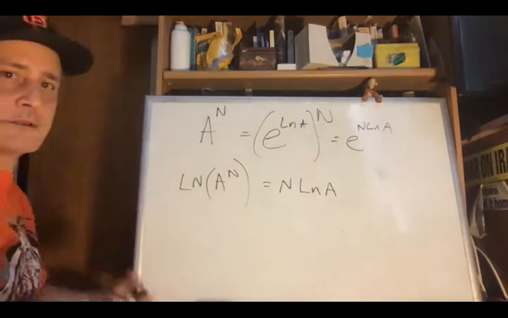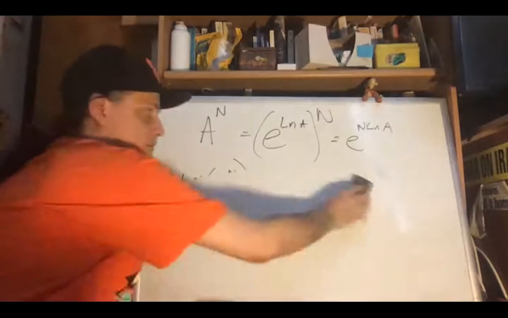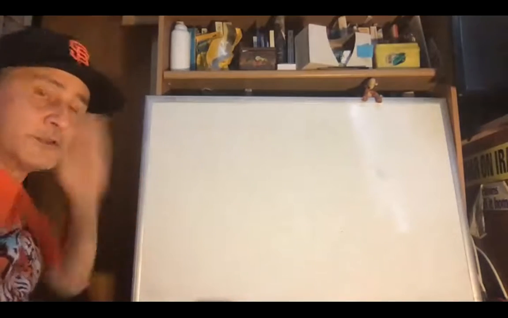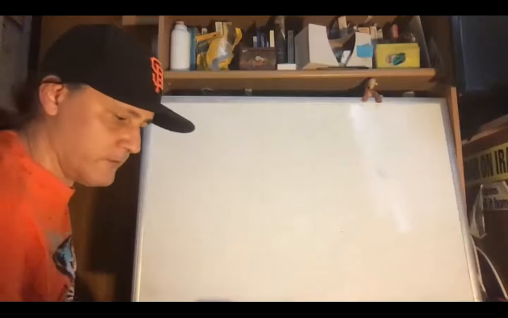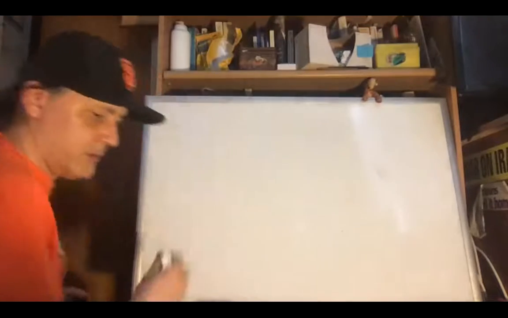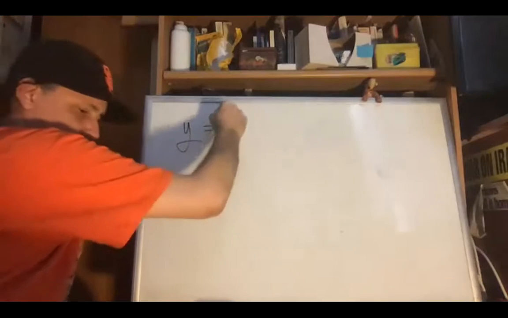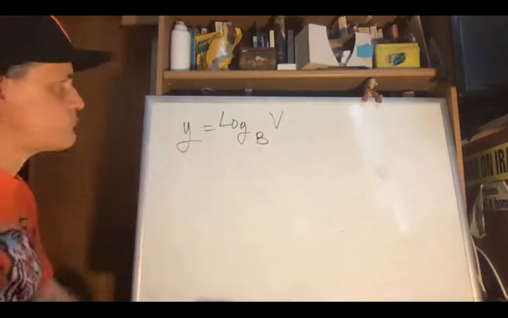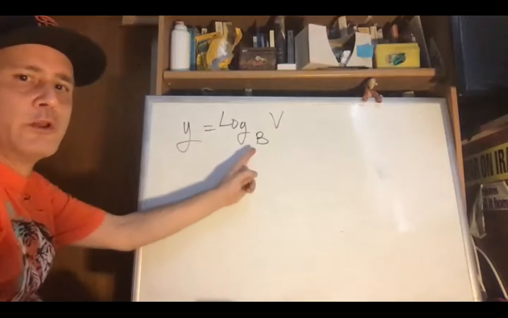All right, now again, I'll show you the summary of these properties in a moment. All right, the last thing is very helpful, and it's called the change of base property. I'm going to show you where this comes from. So let's say we had this problem, or what if we didn't want to use this base?